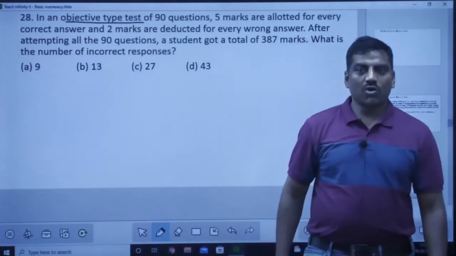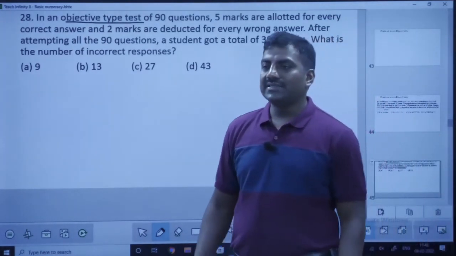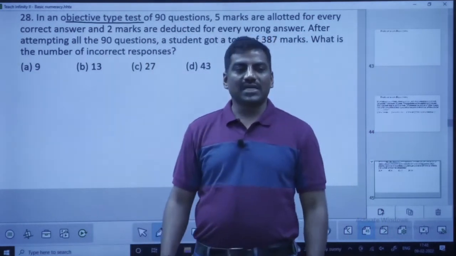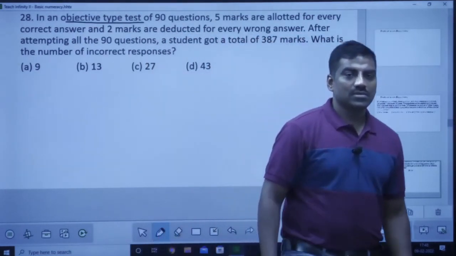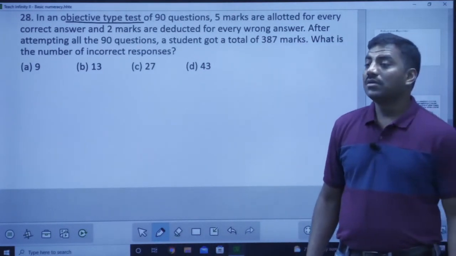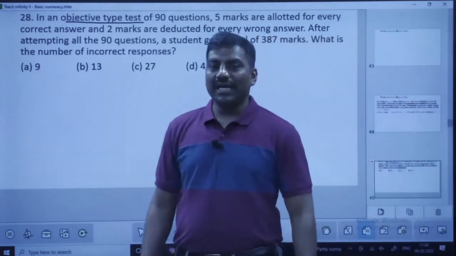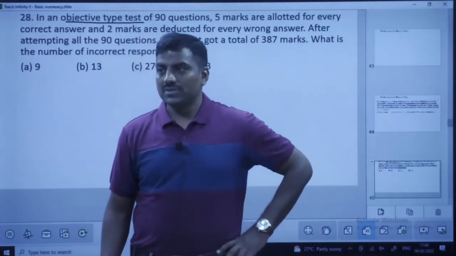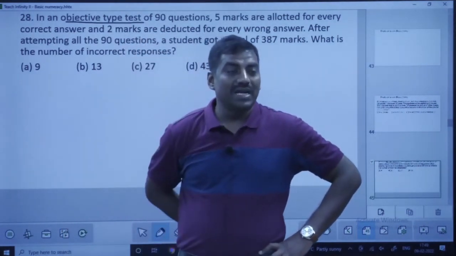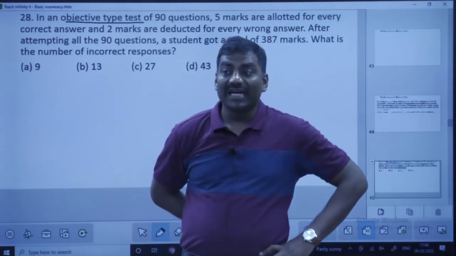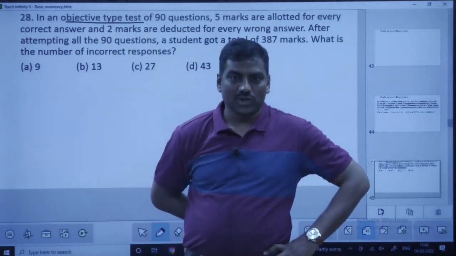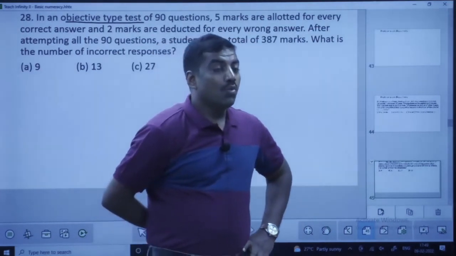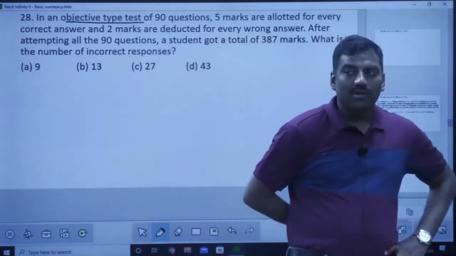GS paper. How many marks are given for a right answer? 2 marks. How many marks are given for the wrong answer? So basically, 1/3 of the marks are cut, or the penalty is 1/3 of the maximum marks allotted to that question. Yes or no? So if the maximum mark is 2, 1/3 of that, 2/3 will be cut.